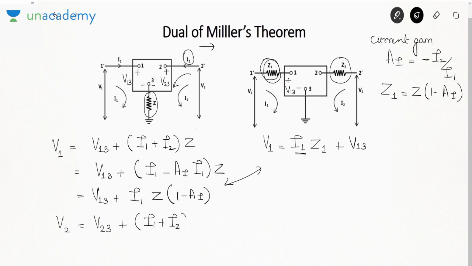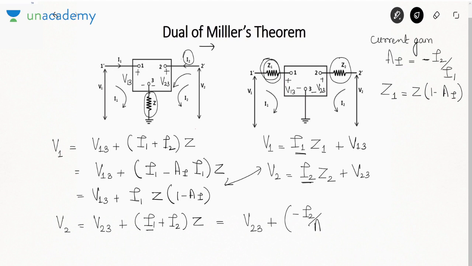Now similarly, if you apply KVL here, you will say V2 is V23 plus current in impedance Z, which is I1 plus I2, times Z. But here if you apply KVL, this voltage is V23. You will write V2 is V23 plus current in Z2, which is now only I2. So in this equation I only want I2. I don't want this I1. So what I'll do is, I will replace I1 in terms of I2.